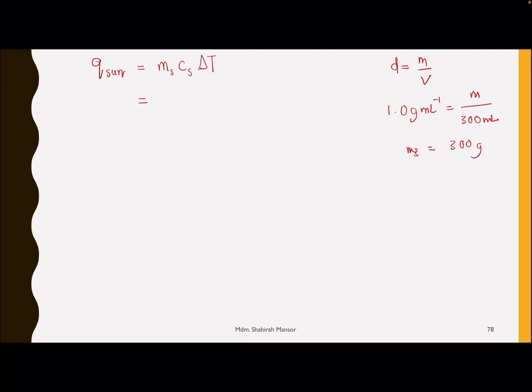This is a way to convert the volume of solution into mass of solution or mass of water. The delta T will be final temperature minus initial temperature. So we have 8.3 Kelvin.